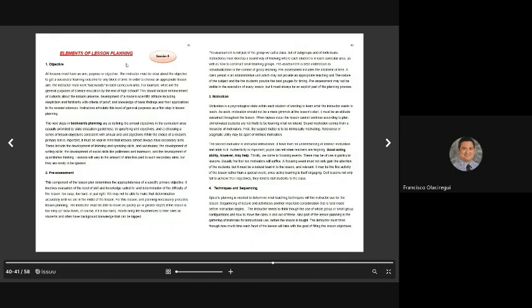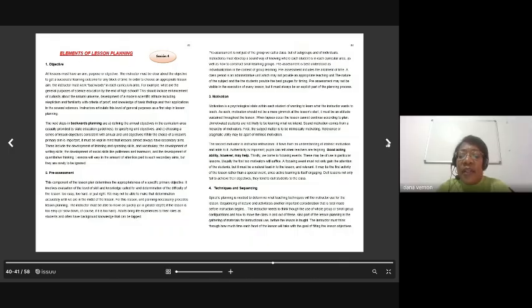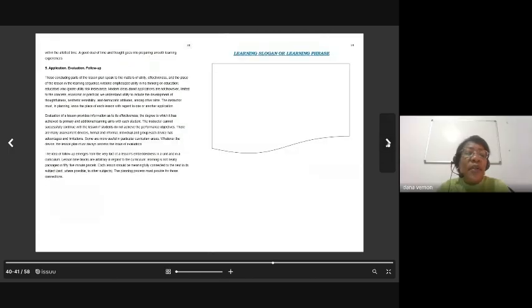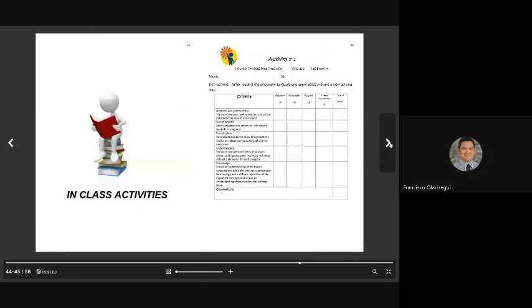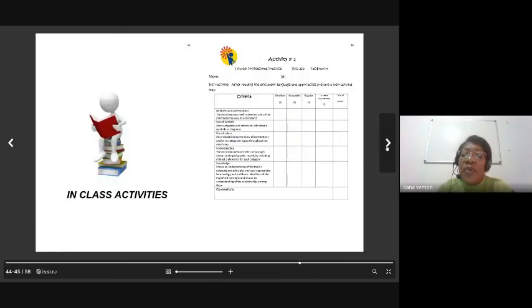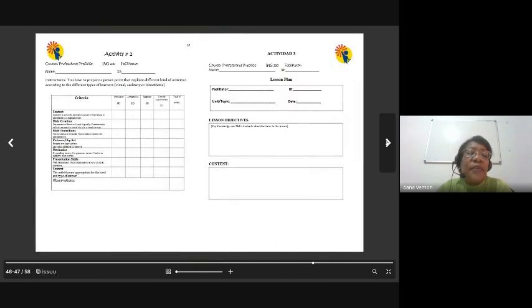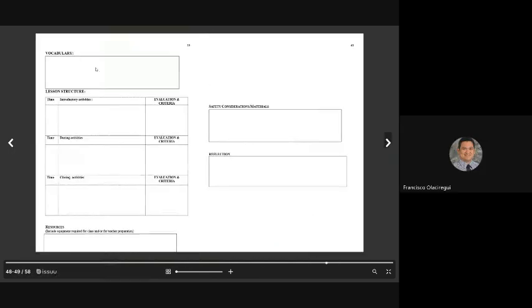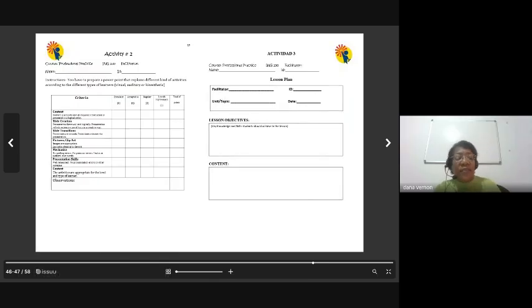Elements of lesson planning. Because we're going to work in this part. That is in the module, right? Yes. We're going to do the activities, number 3, about the lesson plan.